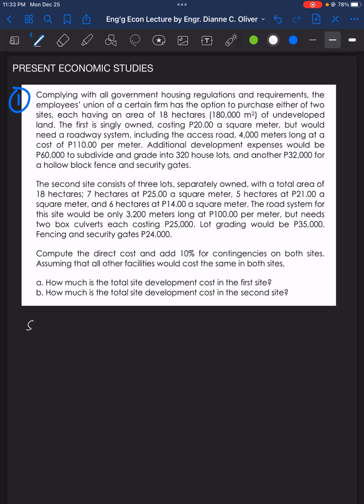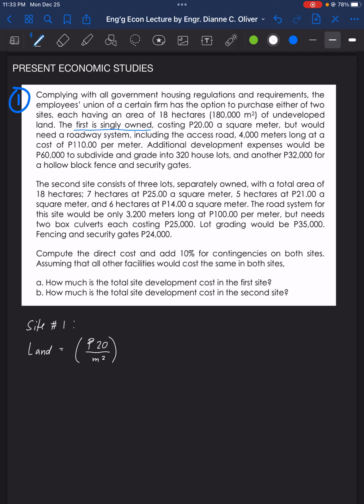So this is our site number 1. Our site number 1 is singly owned. It says there that the land costs 20 pesos a square meter. So the land cost will be 20 pesos per square meter. And how many square meters is the land?